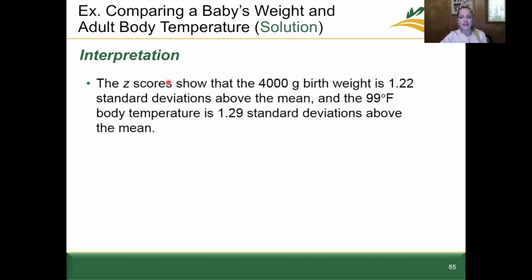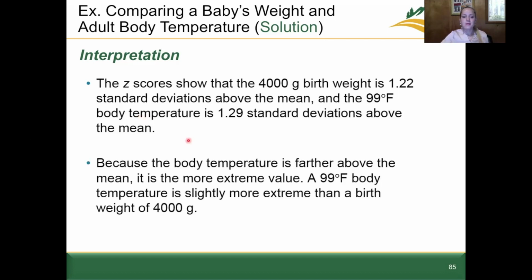That means that this weight of 4,000 grams is 1.22 standard deviations above the mean. Similarly, for 99 degrees Fahrenheit, we calculated a z-score of 1.29. That means that 99 degrees Fahrenheit is exactly 1.29 standard deviations above the mean. And these are both respective to the data sets they came from.